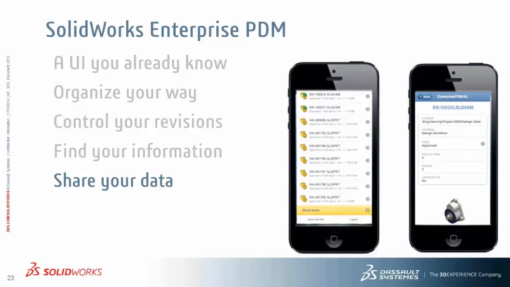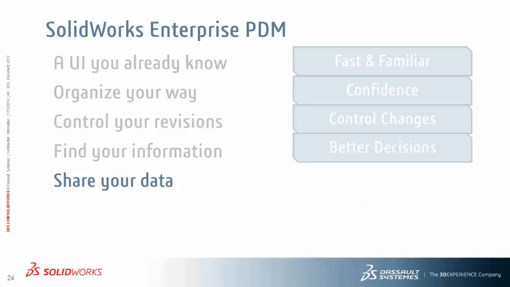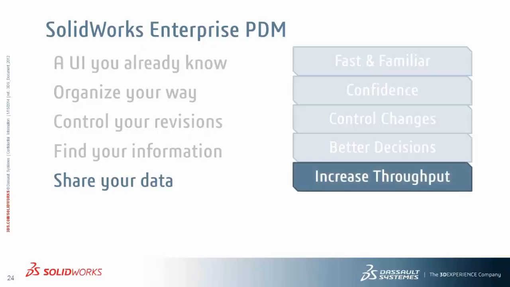With Apple and Android devices, you also have eDrawings available, so you can download those files and view and preview them. So you have an amazing end-to-end solution for getting information to users wherever they are and the way they like it, right? So Enterprise PDM ultimately increases your throughput by getting the right information to the right people, and again, the way they need it.